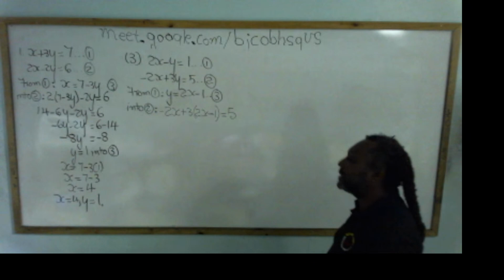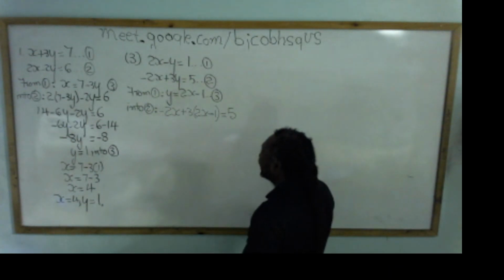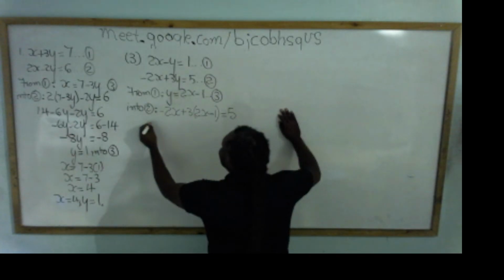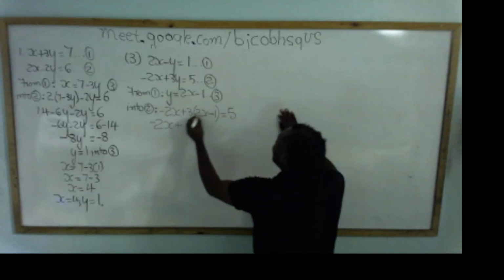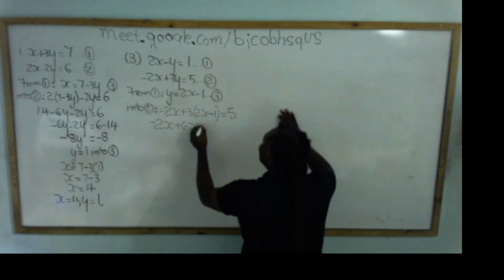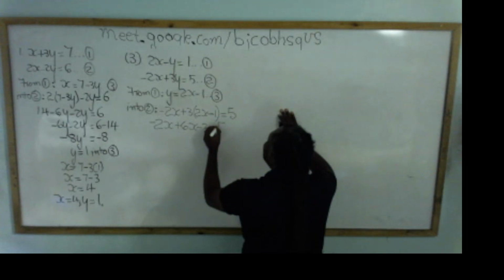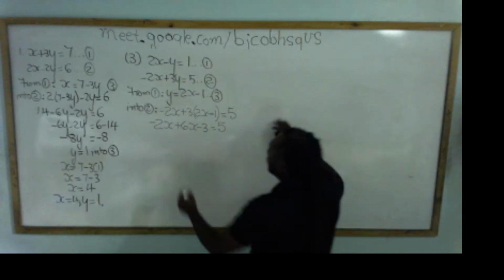So what do we say now? Negative 2x plus 3 2's, 6x, minus 3 is equal to 5. I can see what this is turning out to be already. So what do we say?